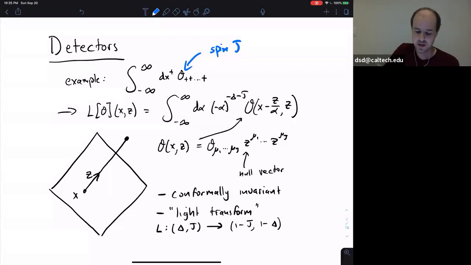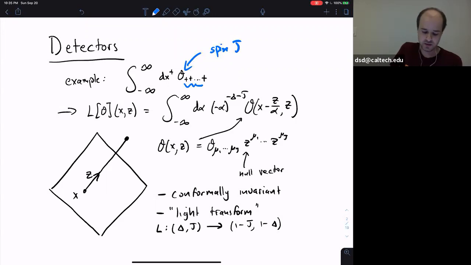We can take the spin indices of O and point them all in the plus direction and then integrate in the plus direction. And in a conformal field theory, which is what I'm mostly going to be focusing on in this talk, there's a nice way to package these null integrals of local operators called the light transform.